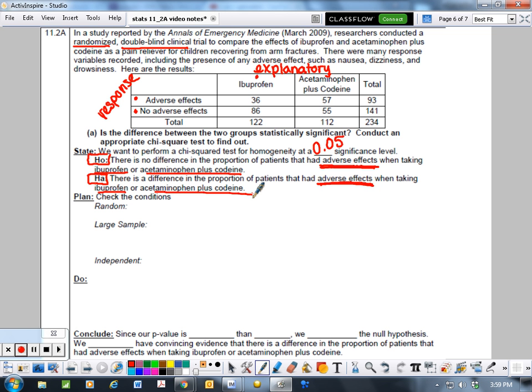So now we're going to check our conditions. Randomized double-blind clinical trial. So random assignment of 234 kids. Large sample. So now we've got to check our expected values.